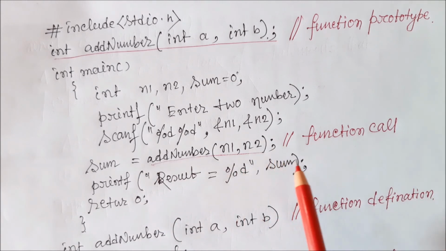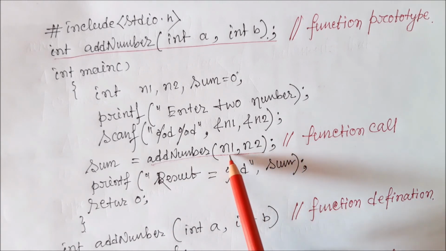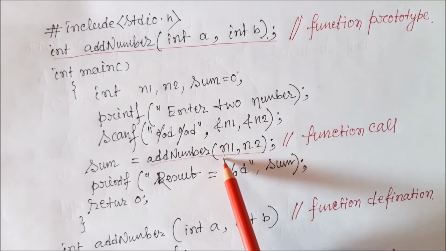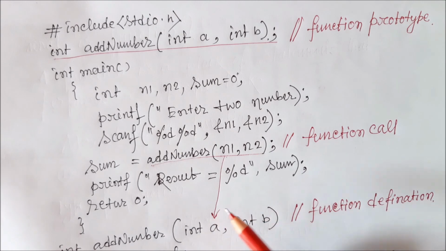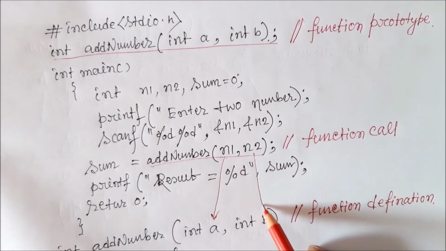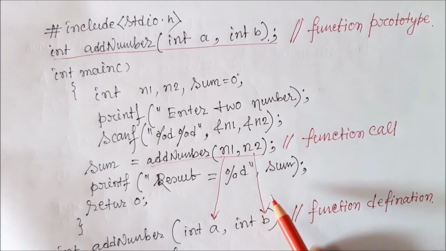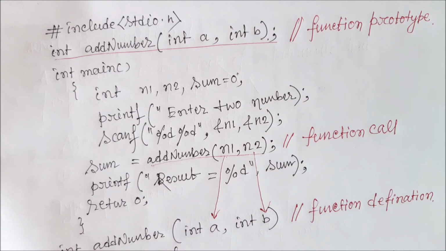Whenever we call the function, as we already discussed, the value of n1 will be copied to this variable a and the value of n2 copied to this variable b, because we can also send the address of the variable.